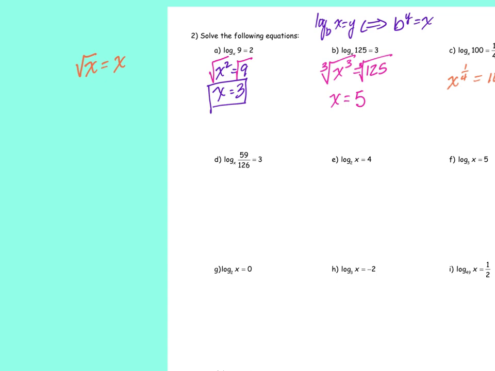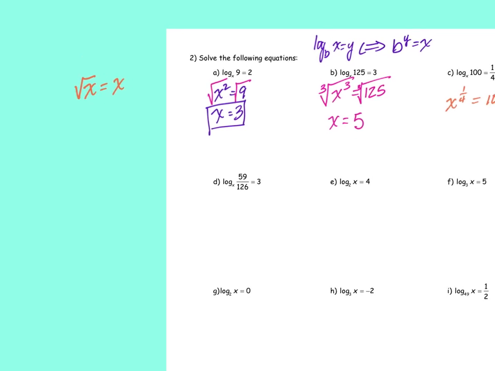So there's a rule, and it says if I have the nth root of a to the mth power, that becomes a to the m over n. So I have the square root of x to the first power. This should have a little 2 there.